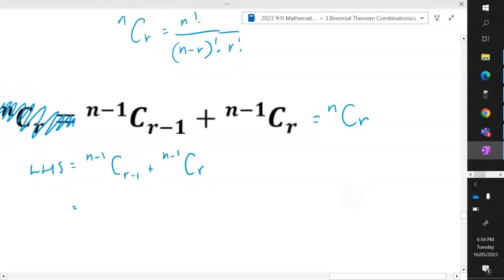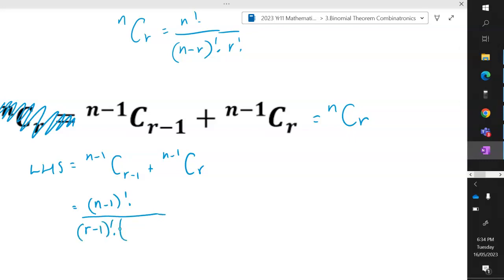I'm going to expand this part here, which becomes n minus 1 factorial all over r minus 1 factorial times n minus 1 minus r minus 1 factorial. I've just input these as I would have up here for my n and my r.